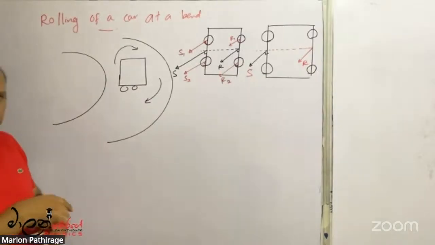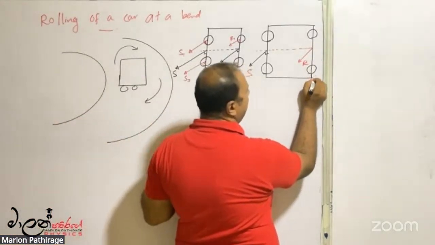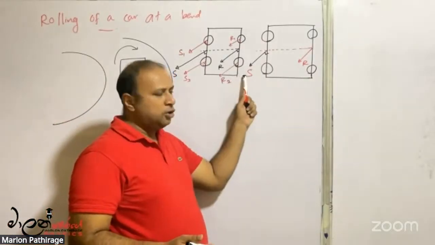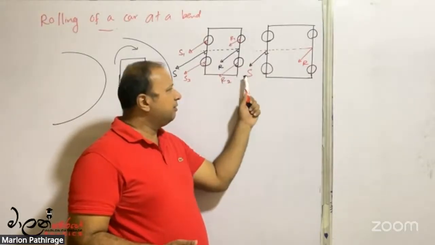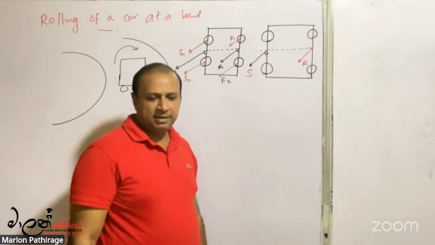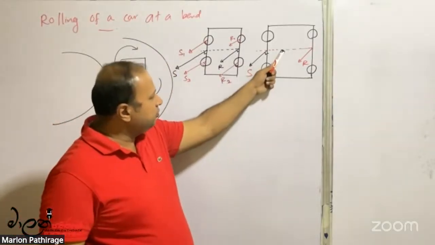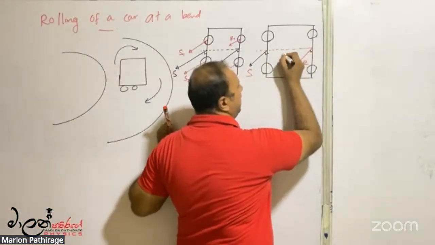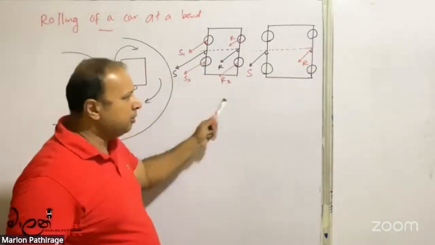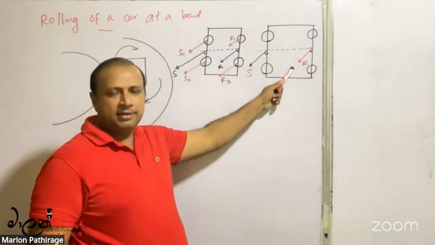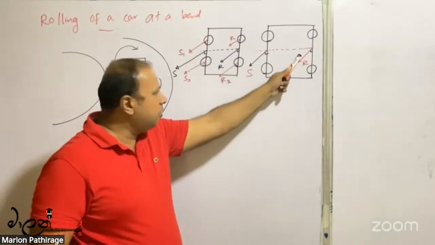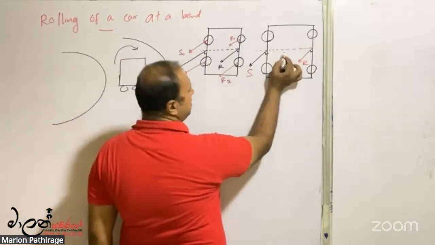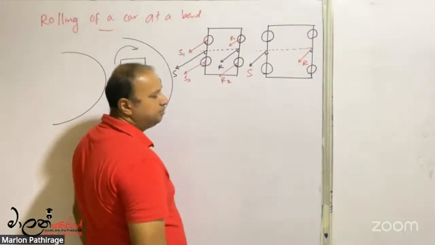Therefore, definitely the total reaction force should be the resultant force of R and S. The resultant force of R and S definitely should start from this line. I am not going to mark it here, but you must understand that the resultant normal reaction should go through this line, start from this line and go somewhere here.